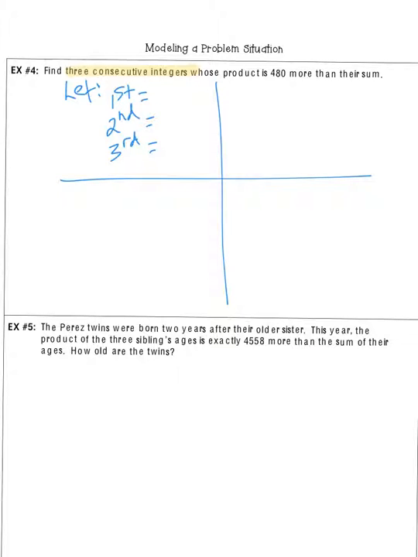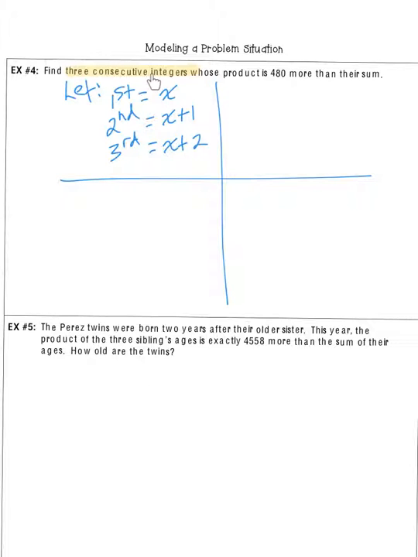And they always have a distance of 1 between each number. And so we will typically let the first be x. The second one's going to be 1 more than the first, and the third is going to be 2 more than the first. So 3 consecutive integers setup is going to be x, x plus 1, x plus 2.